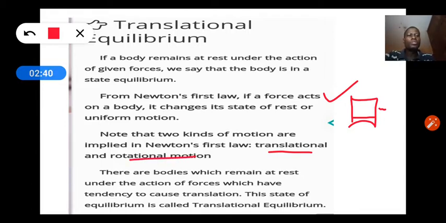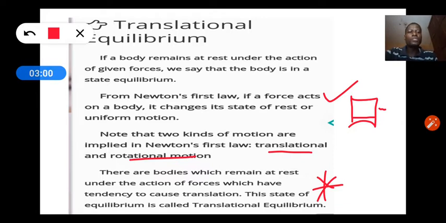There are bodies which remain at rest under the action of forces which have a tendency to cause translation. I told you before that a body being at rest does not mean there are no forces acting on it.